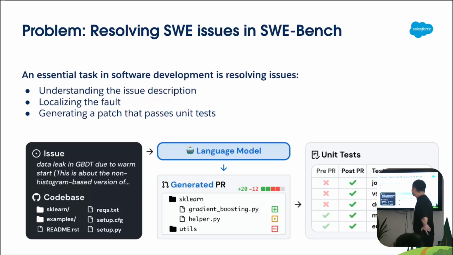You are given a real-world issue scraped from the PR of the GitHub repo. You have the issue description. In this case, an end user found a data leakage in the gradient boosting tree algorithm, and some people join the discussion about the possible features to add and what is considered a success.